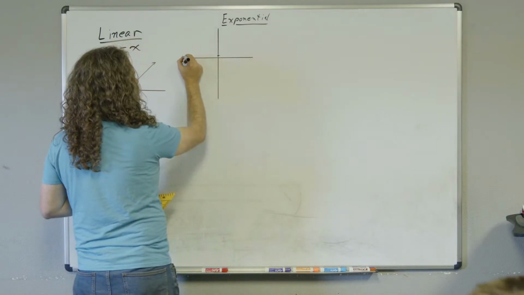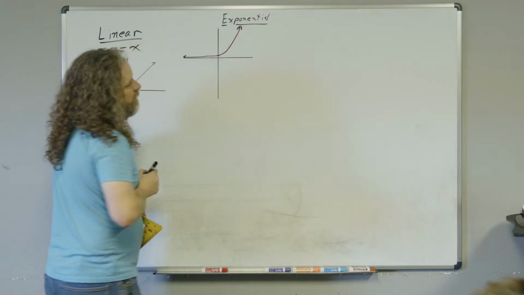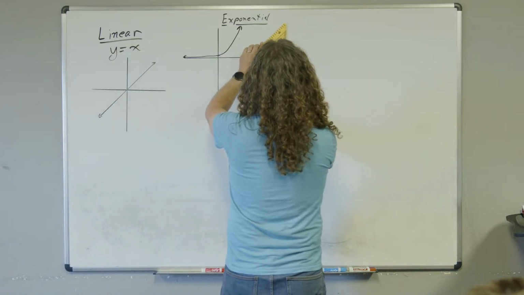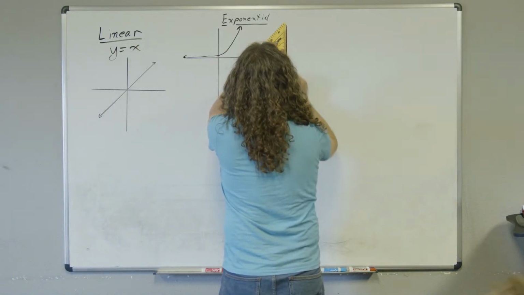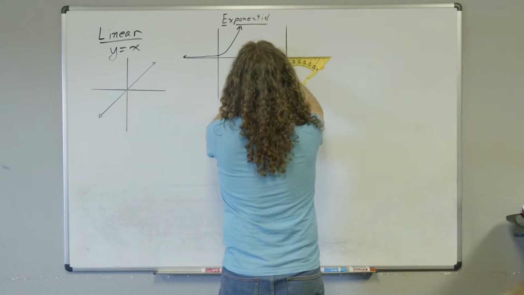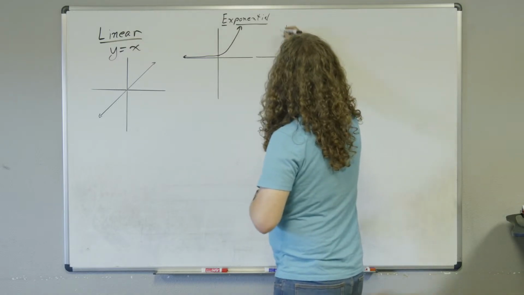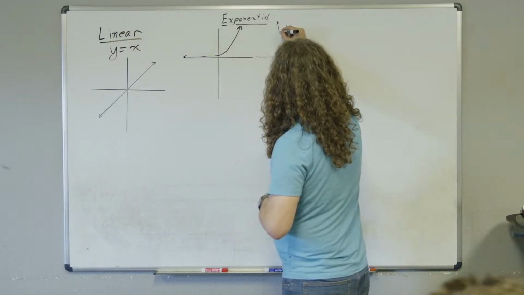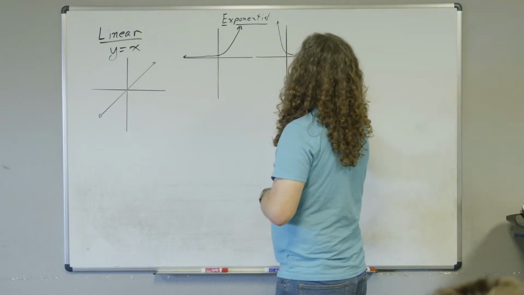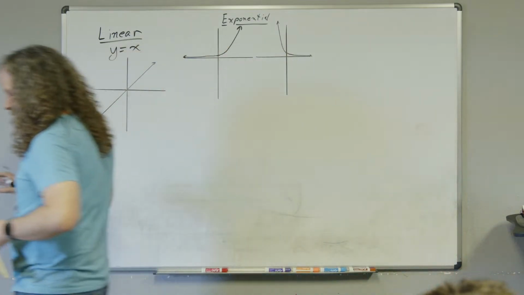Exponential growth starts low and goes high. Right? And exponential decay is similar, but it starts high and goes low. It still goes through 0, 1, but it starts up here, drops down, and goes like this. Right? So those are the parent functions we've seen so far in this class.